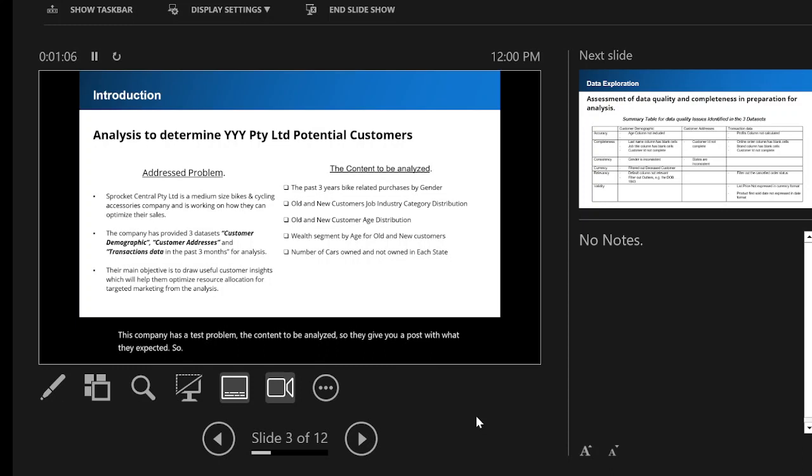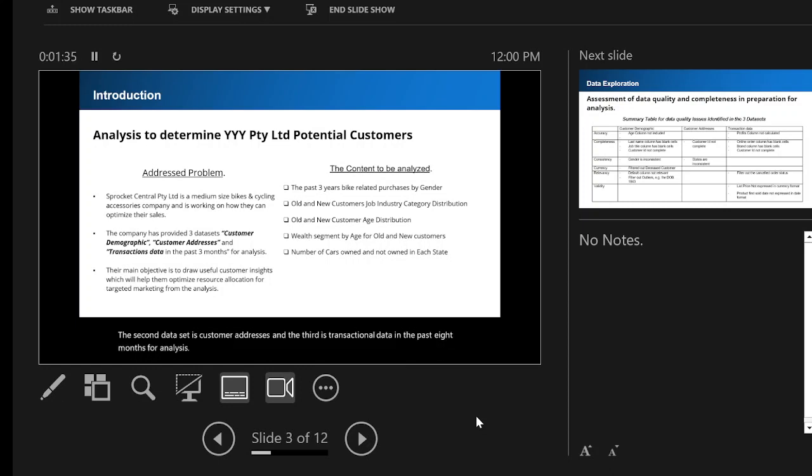This company is a medium-sized bikes and cycling accessories company working on how they can optimize their sales. The company has provided you with three data sets. One is customer demographics, the second is customer addresses, and the third is transactional data from the past 3 months for analysis.